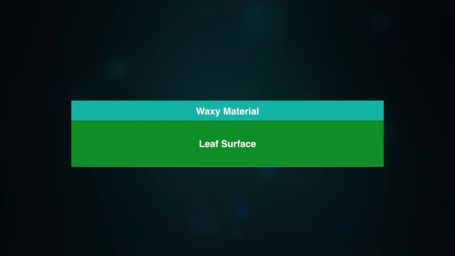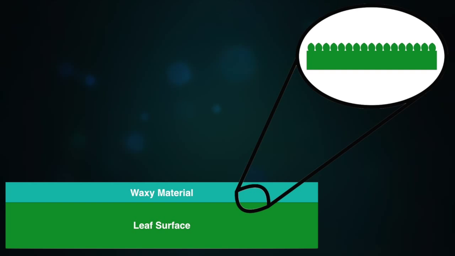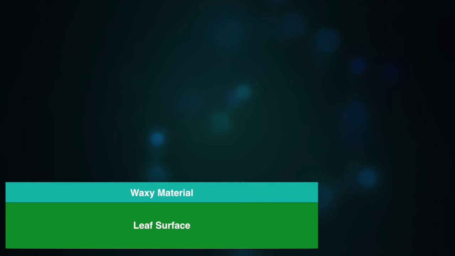Lotus leaves are coated with waxy materials, which helps water to get repelled. And not only that, but if you look carefully at the surface of the leaf using a microscope, you will see small bumps everywhere. I have prepared a figure, so let us take a look at that.